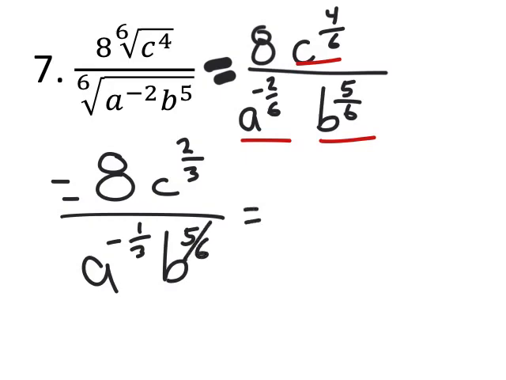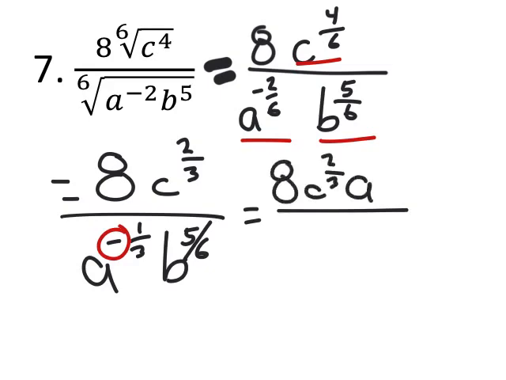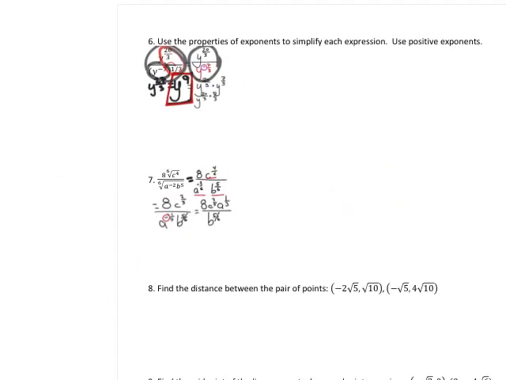Well, that power of a is negative, so we'll reciprocate only the a. What that leaves me with is an 8 c to the 2/3, a to the 1/3, b to the 5/6. And let me double check just to see if this wants us in.